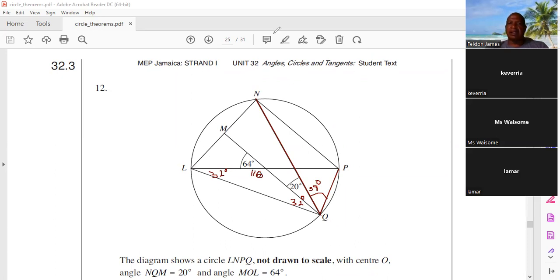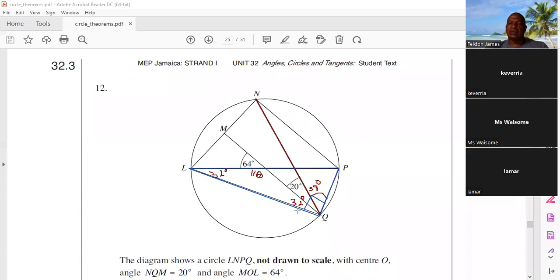So what Mr. Lamar just pointed out for us is this triangle in the semicircle. We know that's a right angle triangle, and the angle here to there must be 90 degrees. So we know that this is 20, this is 32.